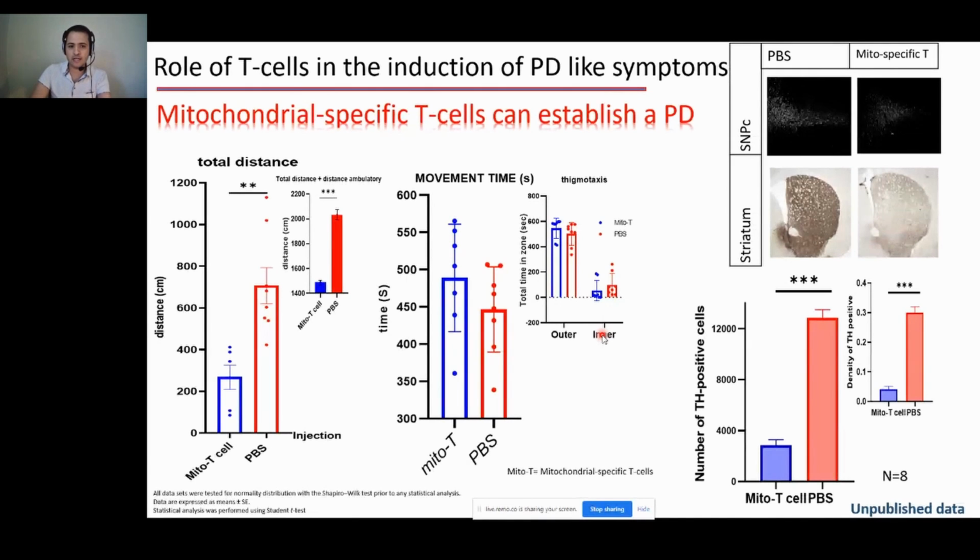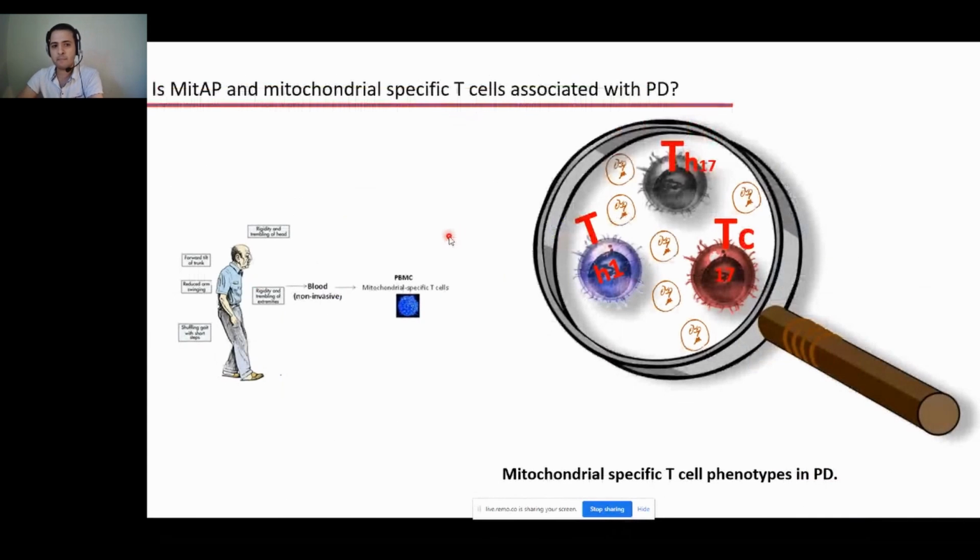So we decided to check the BD phenotype in BD patients, and this was done by my colleague Camille Michaud. She finds that upon screening for mitochondrial-specific T cells in peripheral blood mononuclear cells, these mitochondrial-specific T cells have a phenotype of Th1 and Th17 in terms of CD4 T cells and TC17 in terms of CD8 T cells.